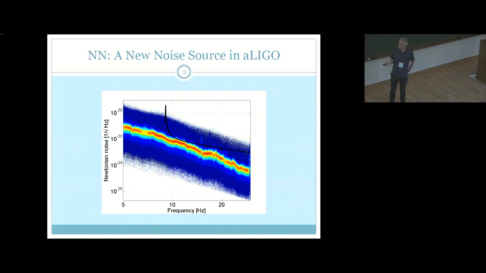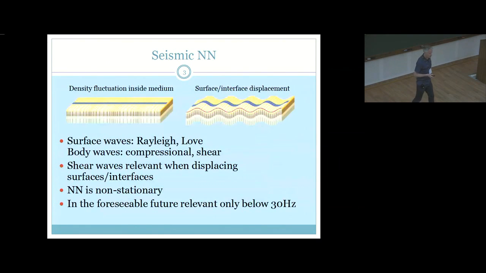So let's talk about what is really producing these gravity fluctuations. The main source we are worried about is seismic Newtonian noise. That means ground vibrations are changing the density in the vicinity of your test masses. This can either be a density change inside the medium produced by compressional seismic waves, or it can be any displacement of the surface or an interface in your medium.